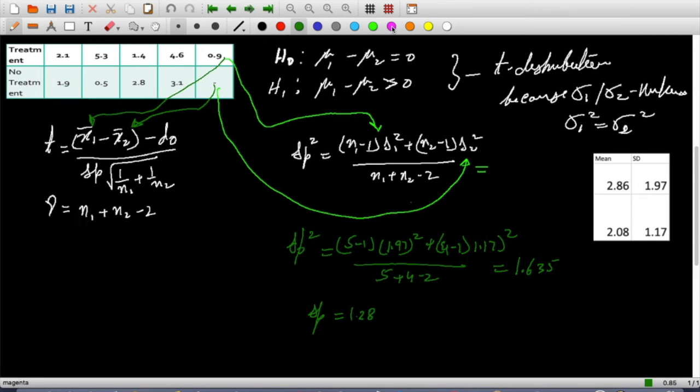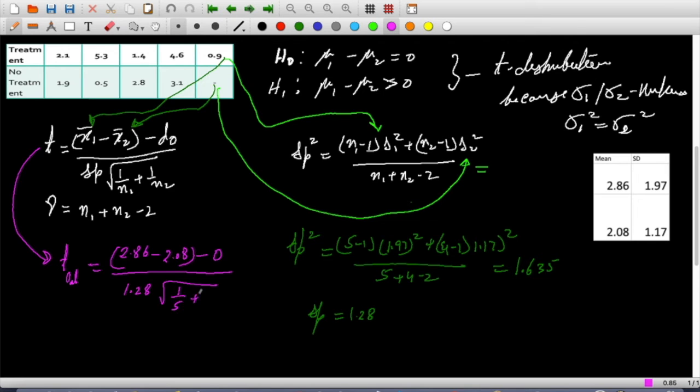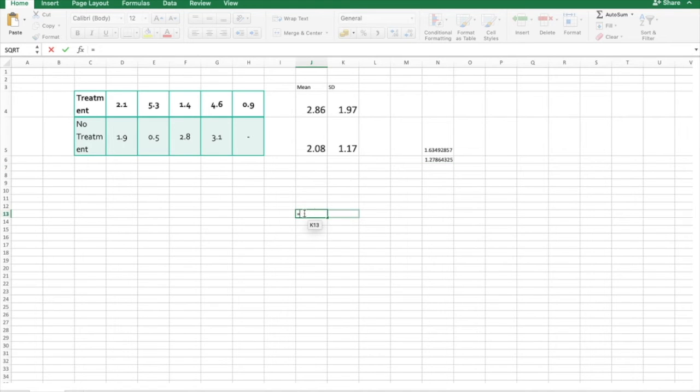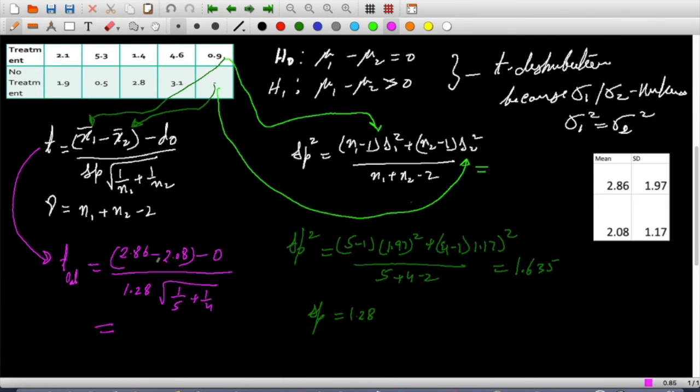So the value of t calculated will be the difference of means minus 0, because d0 is 0 here, divided by SP times the square root term, and that will come out to be this value, 0.412. Degrees of freedom is 5 plus 4 minus 2, that is 7.